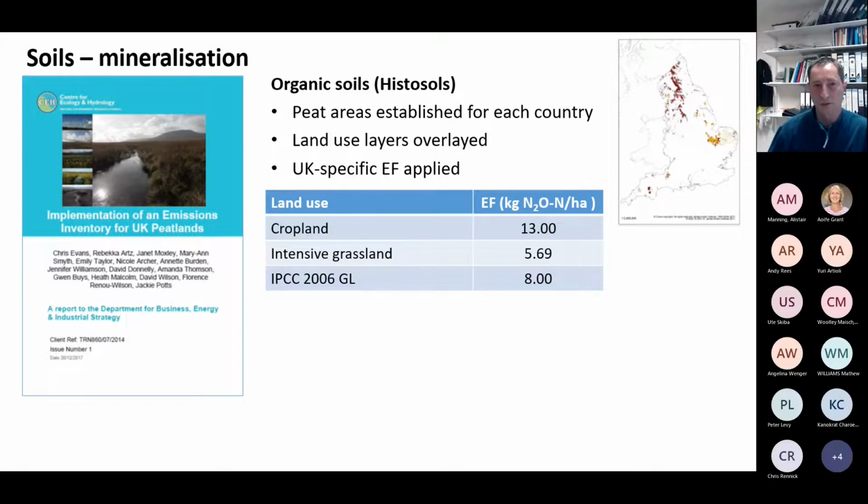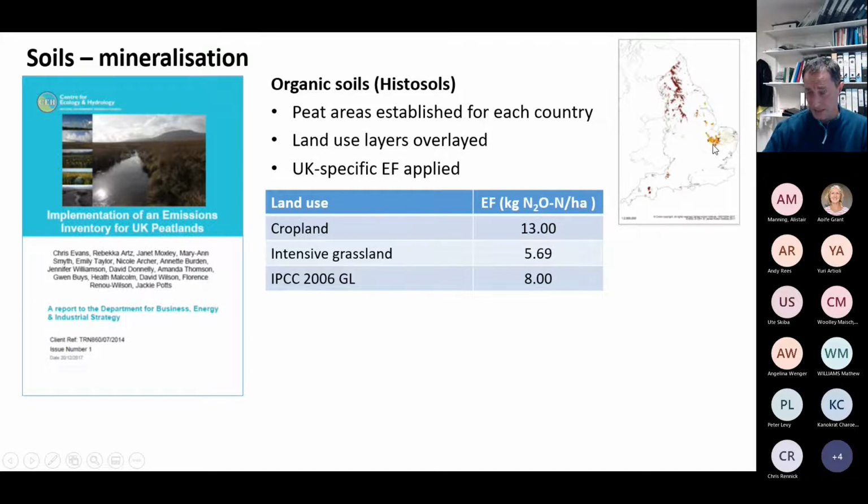Okay, so we're getting through these categories. Soils, mineralisation of organic matter in soils. Now, organic soils, if they're managed for agriculture, there's a lot of mineralisation. We know that. In terms of estimating the area of those organic soils and the emission factors associated with them, we have this really good report that Chris Evans led on up at CEH.